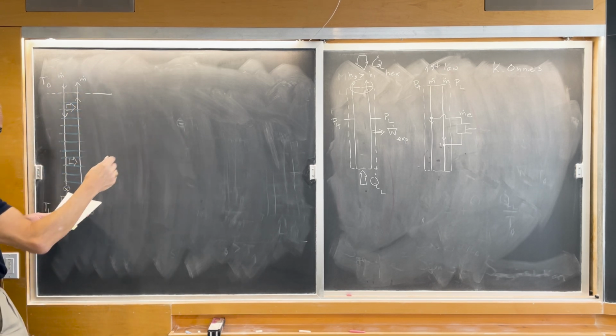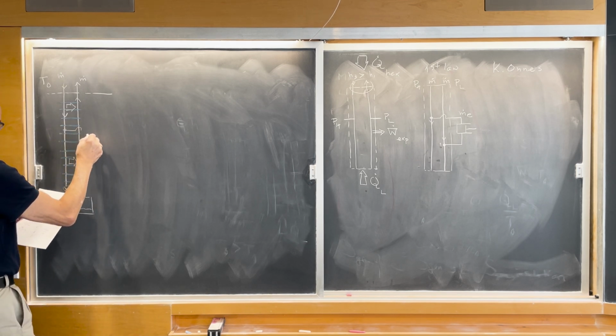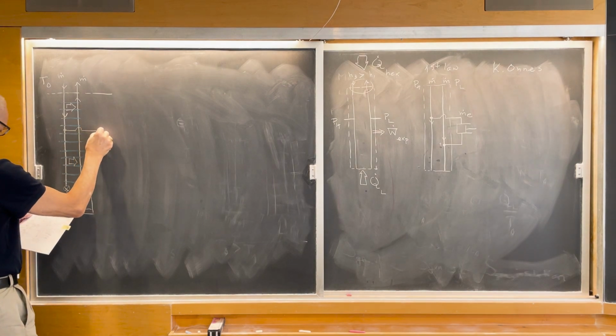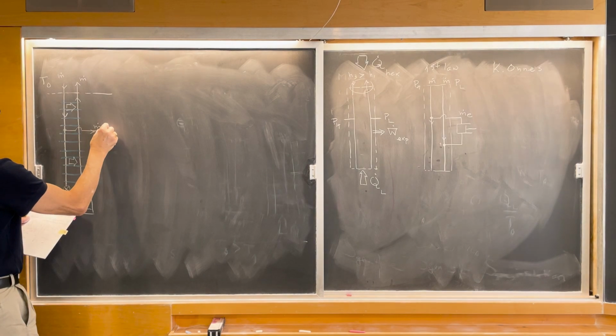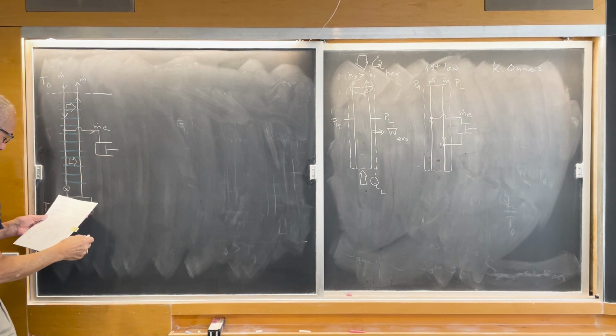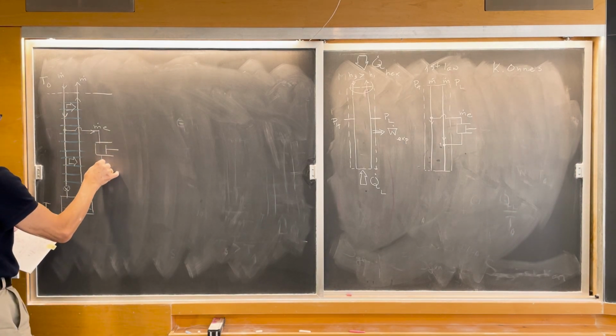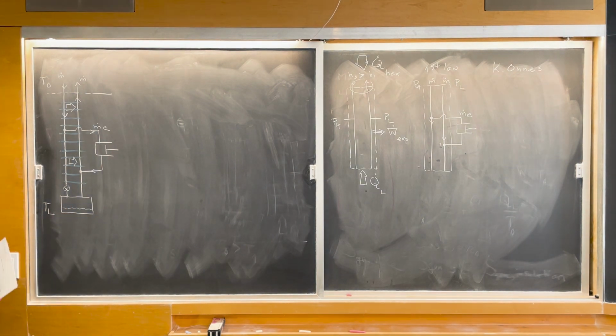And as I just sketched, there is a fraction being bled to the right. It's called m dot e, and then expanded through a cylinder, and then that fraction rejoins the so-called circuit at a lower temperature.